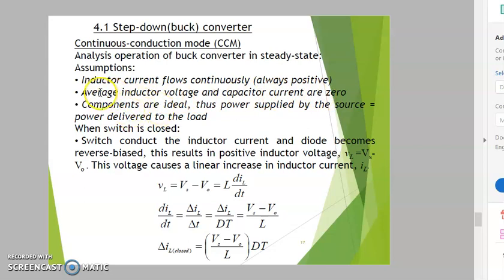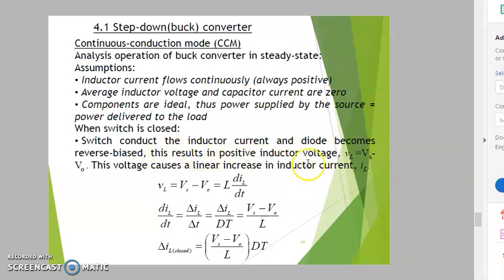So also, for this CCM, we assume that the components are all ideal. That means the power supplied by the source and delivered to the load is not diminished or absorbed or used by the inductor or capacitor. All the power from the source is delivered to the load. So when the switch is closed, the switch conducts the inductor current and the diode becomes reverse biased.